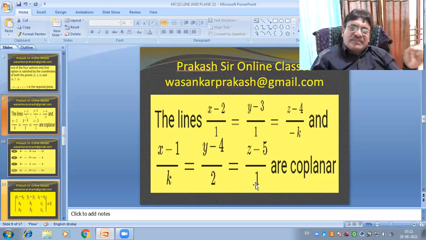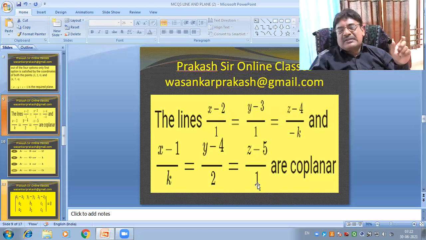So here x1, y1, z1 is 2, 3, 4; x2, y2, z2 is 1, 4, 5; a1, b1, c1 is 1, 1, minus k; a2, b2, c2 is k, 2, 1. We put these values in the determinant and evaluate it.